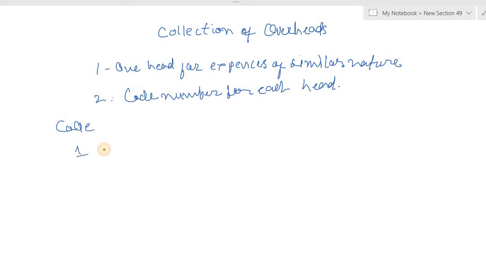Code 1 for factory overhead. Code number 2 for administrative expenses or administrative overhead.